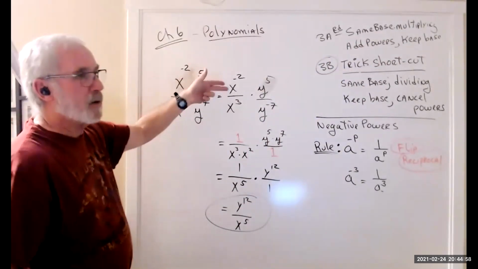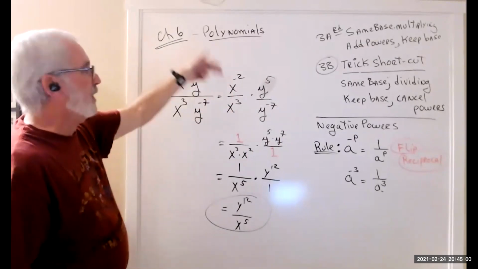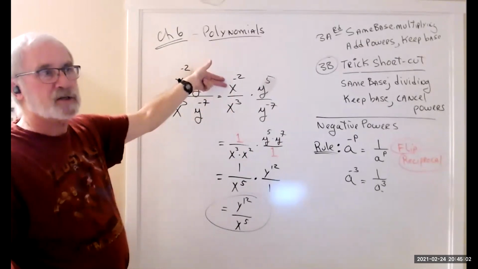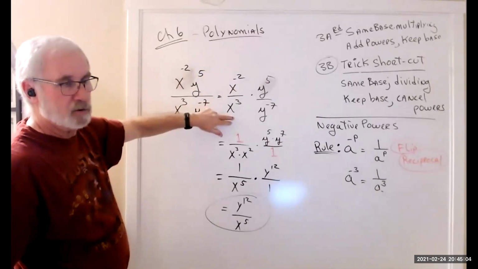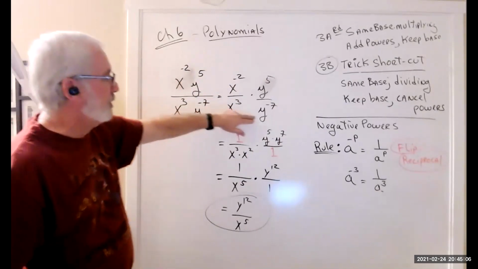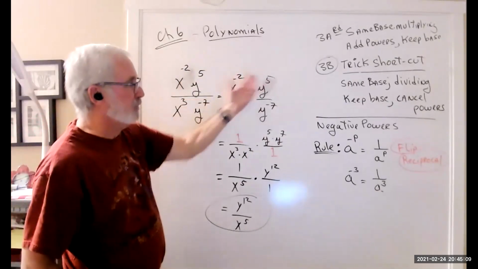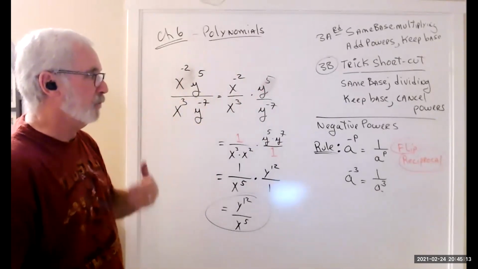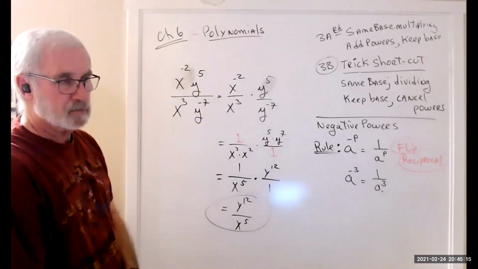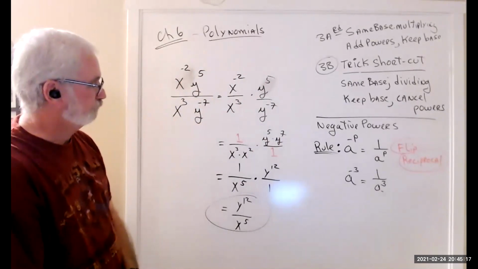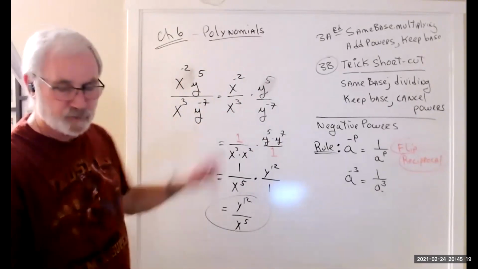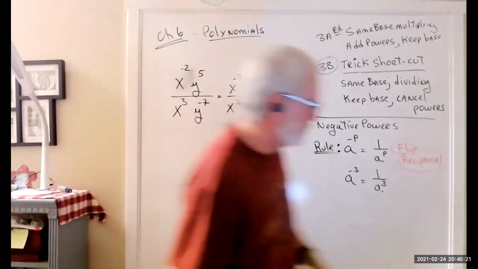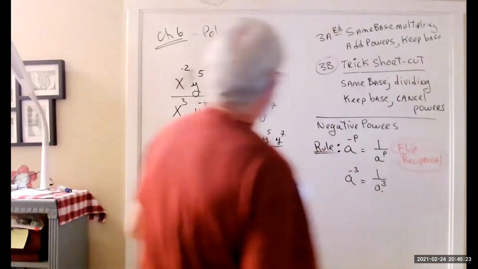The negative powers flip. If they were in the numerator, the only place they can flip is down. If they were in the denominator, the only place they can flip is up. Negative powers cause you to flip. All right, let's try one more of those and then call it a night.